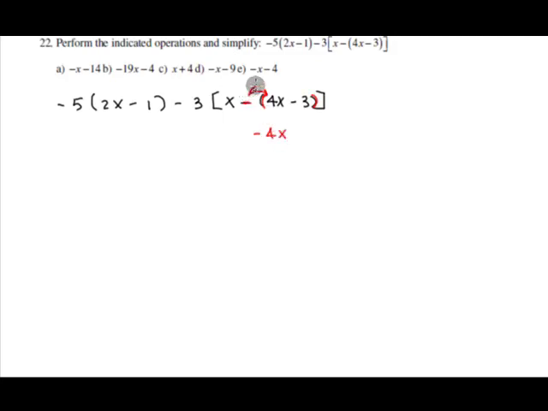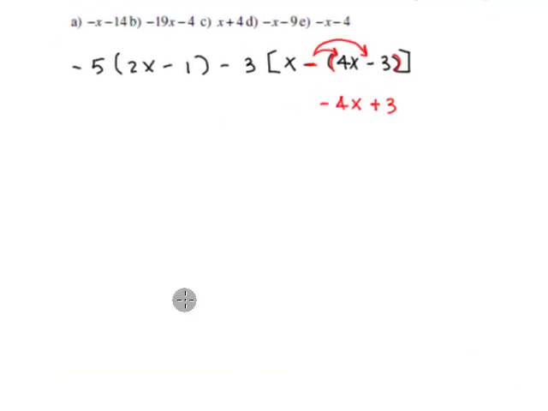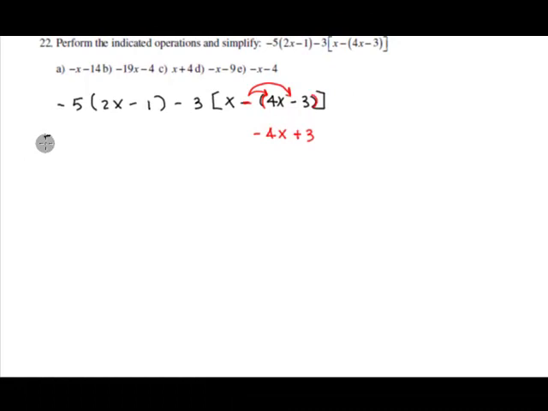Now negative times negative 3 is going to give me positive 3. So that takes care of the inner parenthesis of the subtraction. Now I haven't done anything else with the rest of the problem, so what I need to do is rewrite the thing that we haven't done.